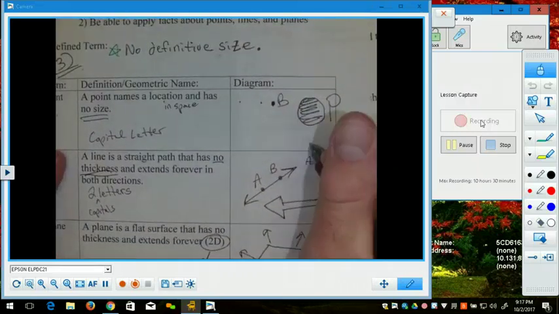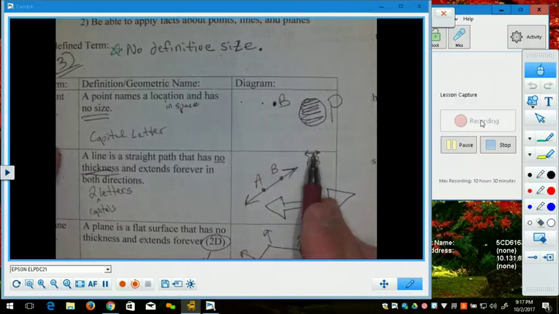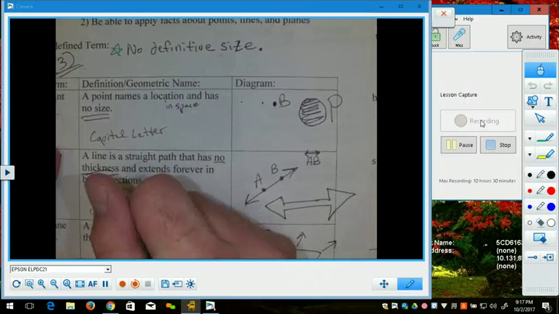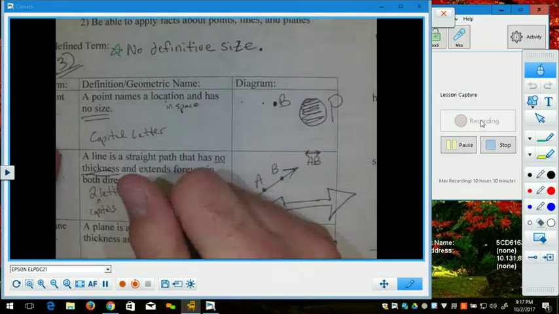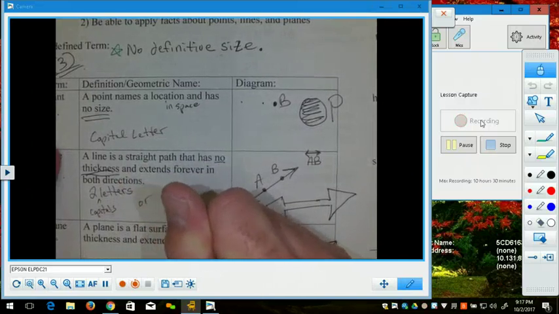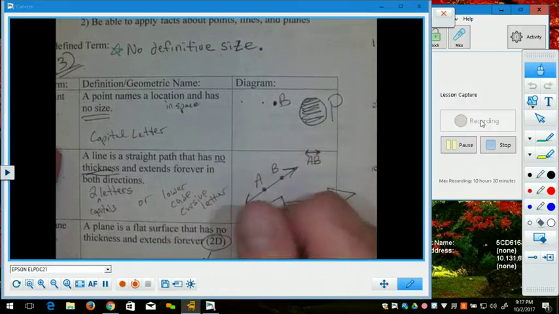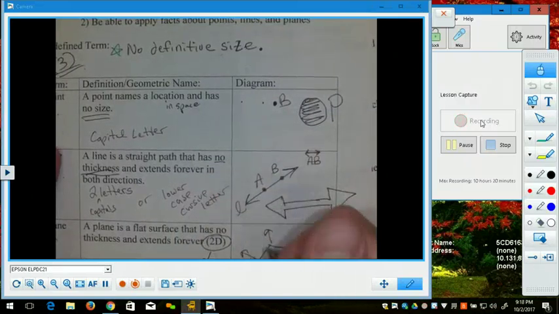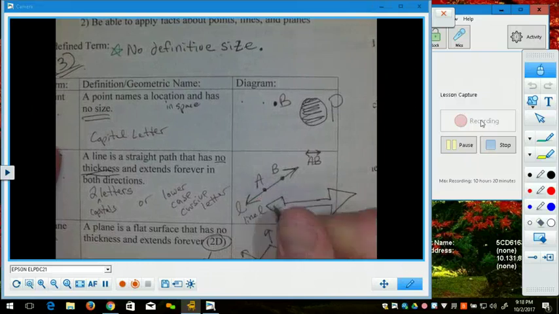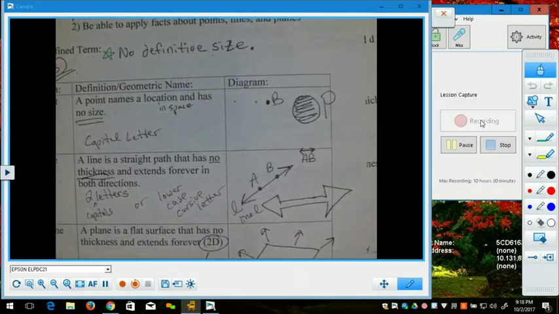And we put a little line above it, like a hat, on top of the letters to indicate that those letters are referencing a line. Or it could also be represented with a lowercase cursive letter. So I could call this AB or line L if it had a lowercase cursive letter next to it.